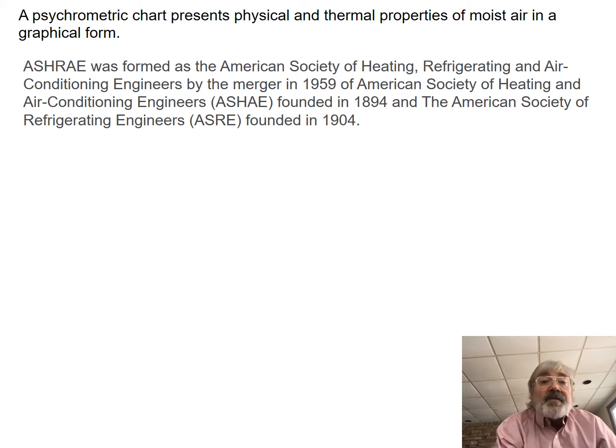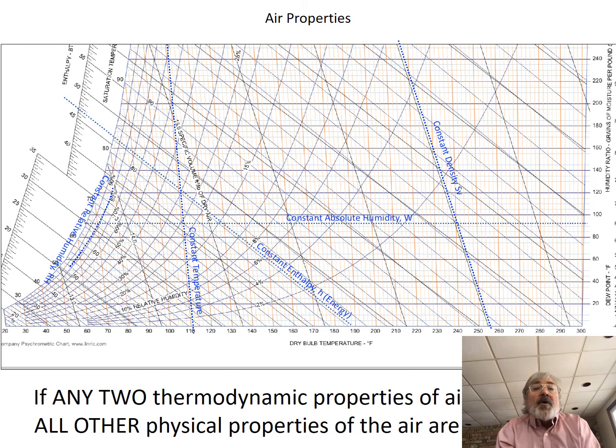That's who uses these. And hopefully maltsters who are trying to develop the perfect malt. So here is a psychrometric chart. All right, we'll take a little bit of time here because I want you to see how this thing works.